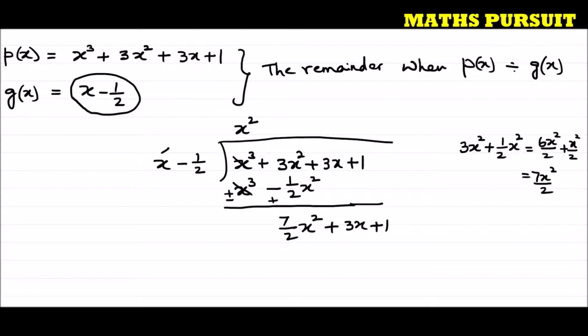Now what should I multiply to this x so that I can get 7 by 2 x to the power 2? Again, the answer is very simple and straightforward.